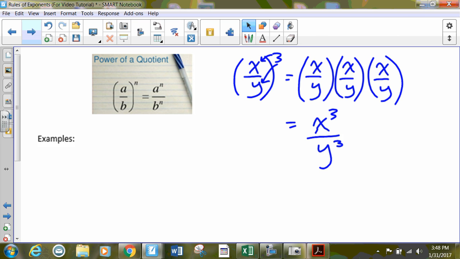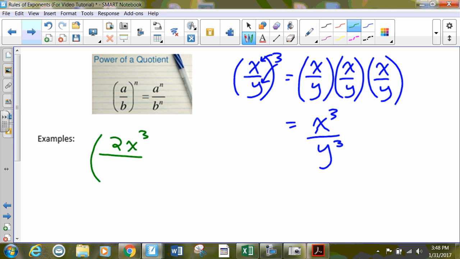And let's try something that's a little bit more complicated. What if we had 2x cubed over 5y squared? And we're squaring the whole thing. We could do it the long way, but we're going to try to use our shortcuts using our rules. So here we go. This 2 goes to this 2, so it's 2 squared, which is 4.